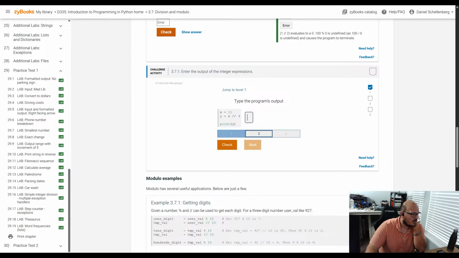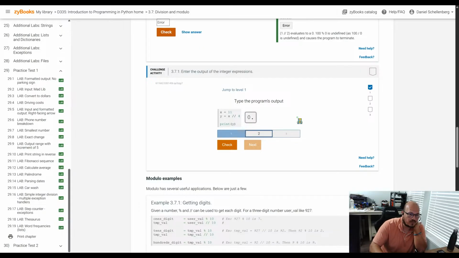Okay. So this is going to be x is assigned 11. So 11 divided by 4 is 0.25.